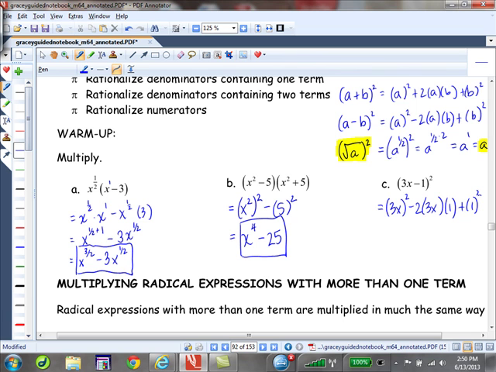So 1 is the b, and 3x is the a. So basically this formula here, a minus b squared, is what we're using. So this is the a, and then the b was the 1.